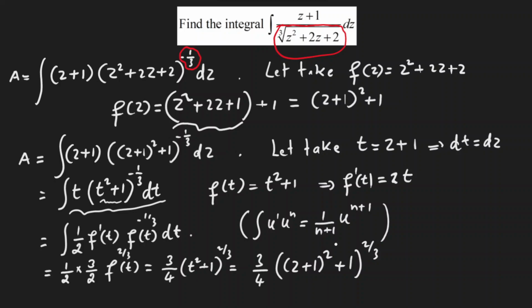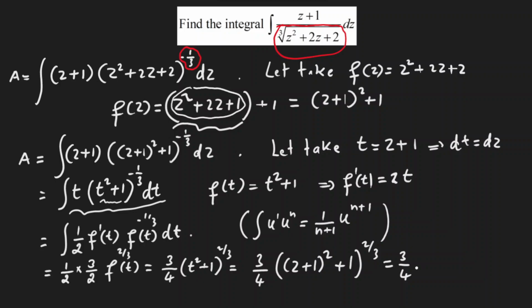Another way to write this will be to say we have 3/4, and we know that z plus 1 squared plus 1 is actually equal to this function from the beginning. So we can write it this way.